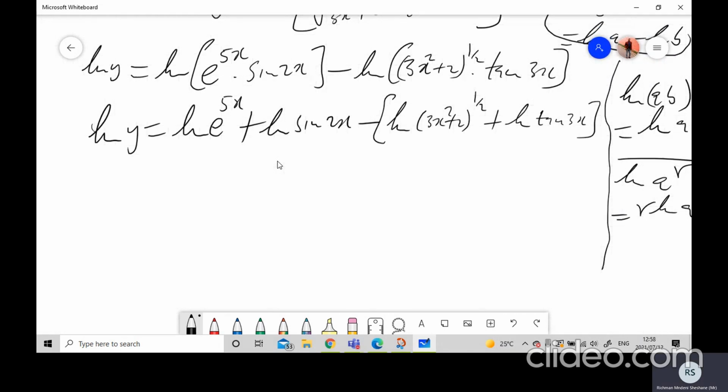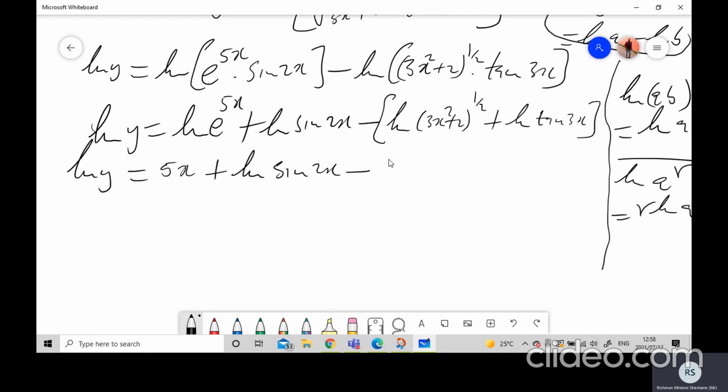Now the second step, we still see this log property here. So ln of y equal to, let's take this down, 5x multiplied by ln e. But we know ln e is 1, so anything multiplied by 1 comes as it is, plus ln of sine 2x. And here, let's multiply this negative inside.